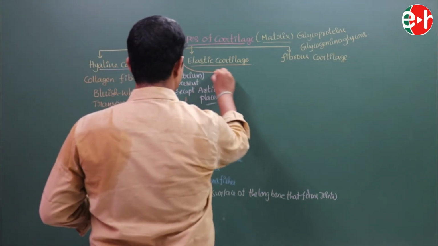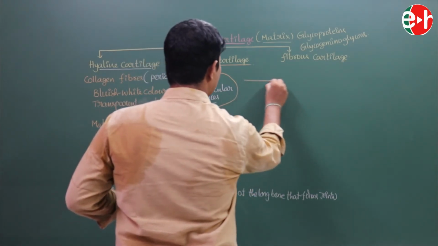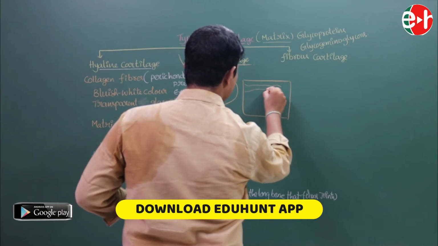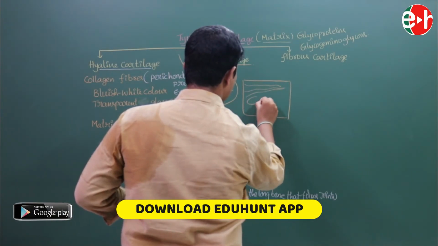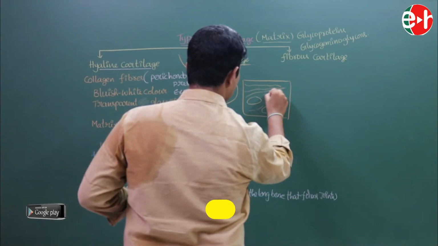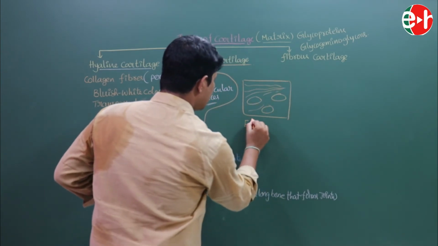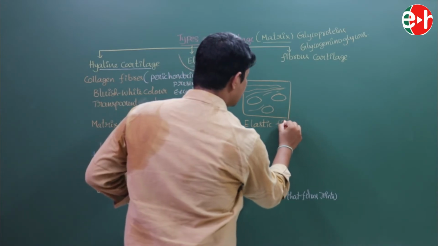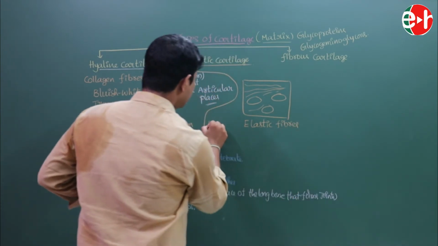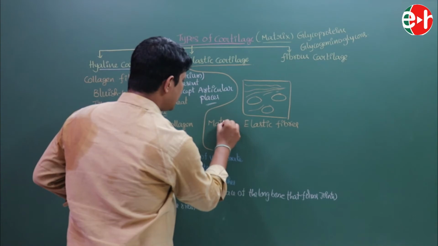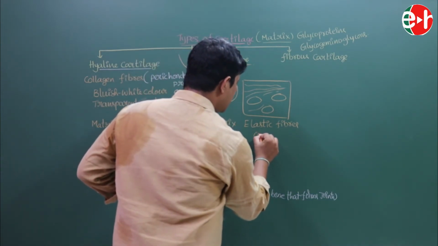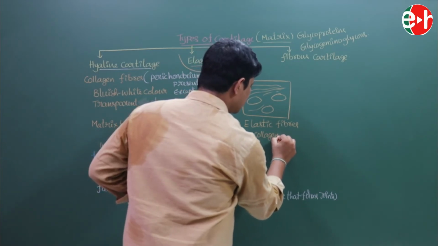In this elastic cartilage, the matrix contains elastic fibers with very few collagen fibers.